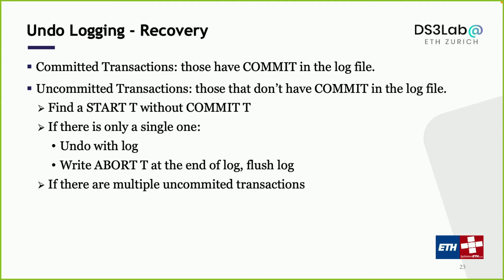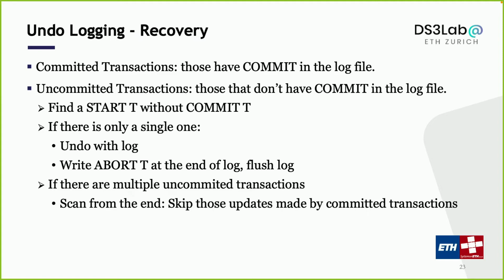If there are multiple of those uncommitted transactions, what should you do? You need to undo all of them. So when you undo them, you go all the way from the end of the log to the head of the log.